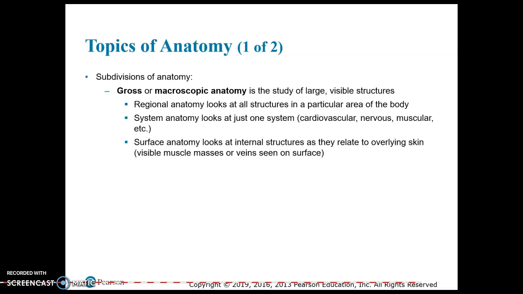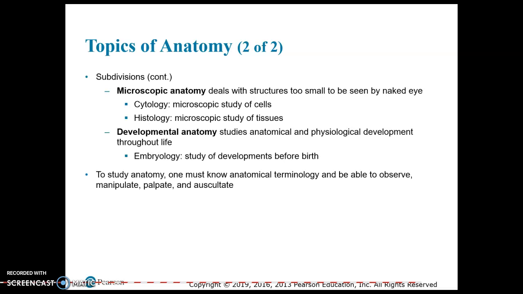This morning I had blood drawn, and so the phlebotomist has to understand some surface anatomy because she has to get to my median cubital vein on the inside of my arm by palpating the surface of the bend in my elbow.